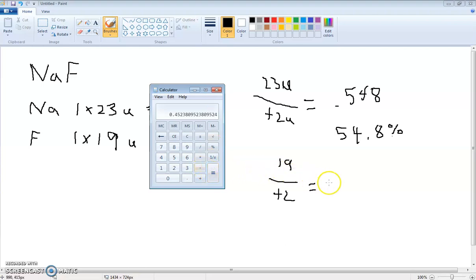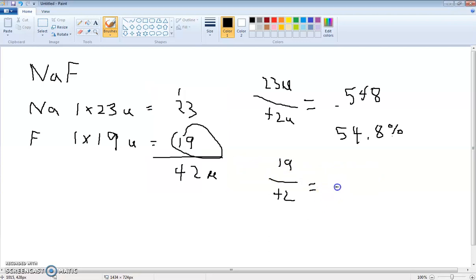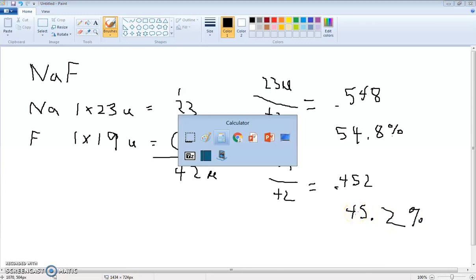And that's going to give us 0.452, or 45.2%. Okay, so that's all there is to it. Let's jump back over to our PowerPoint.